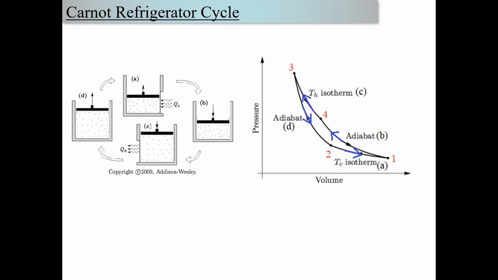The next thing that we do is compress the gas adiabatically. So we do not allow any heat to flow into the gas, but we compress the gas adiabatically from the volume associated with point 1 to the volume associated with point 4.